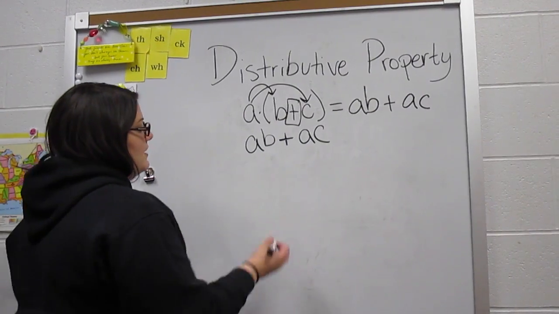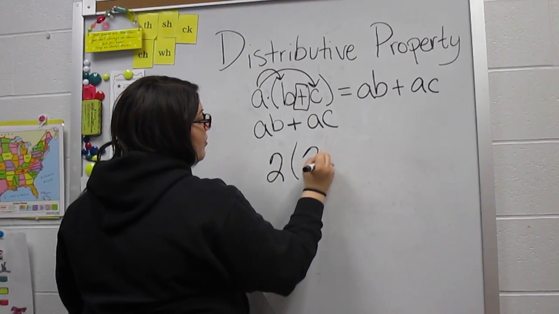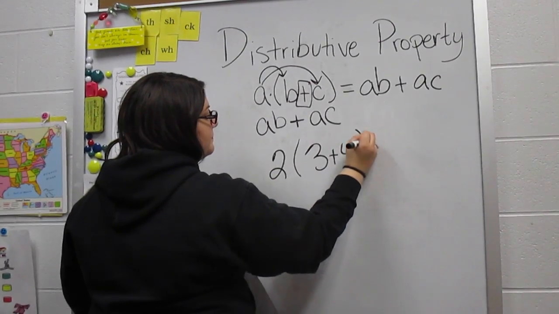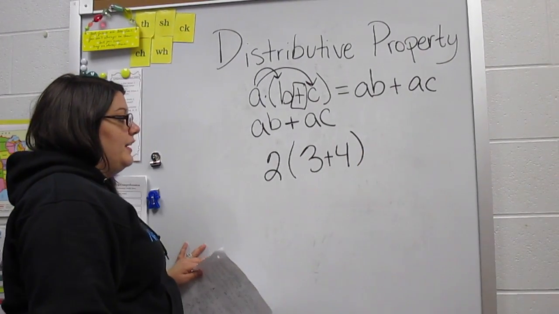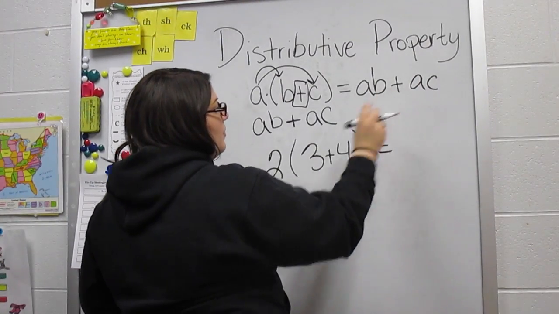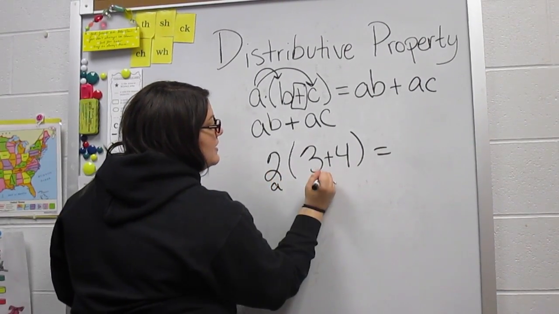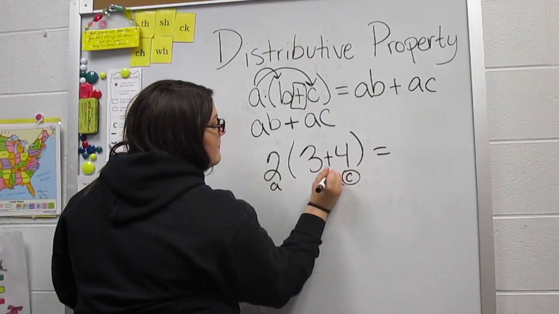Let's just use, for example, 2 parentheses 3 plus 4. Let's see what we would get, okay? This tells us how to get it this way, so where we can solve it. So let's try that. Let's say this is A, this is B and this is C, okay?